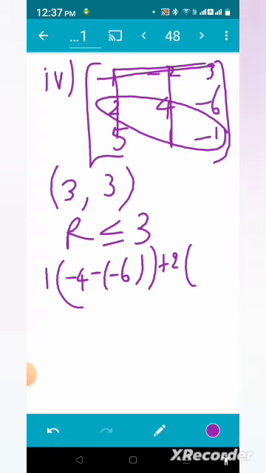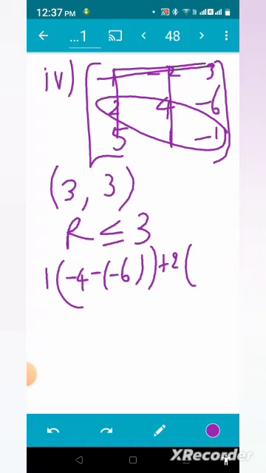2 into minus 1 is minus 2, minus 30, so minus 2 minus of minus 30. Then the last one is plus 3, into the corresponding row and column, which get cancelled. The remaining numbers are evaluated: 2 into 1 is 2, minus 20.